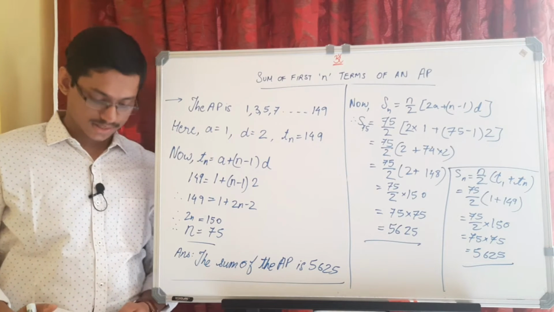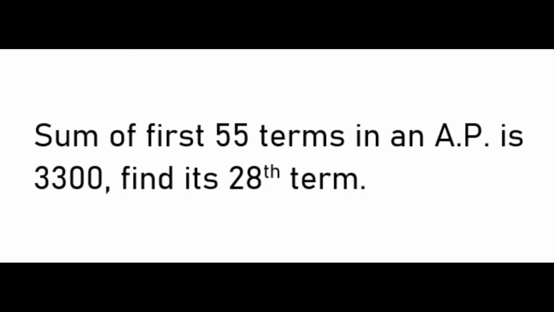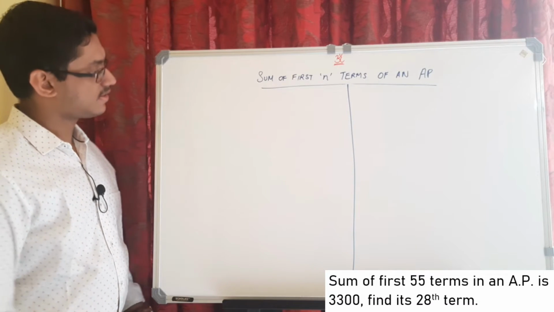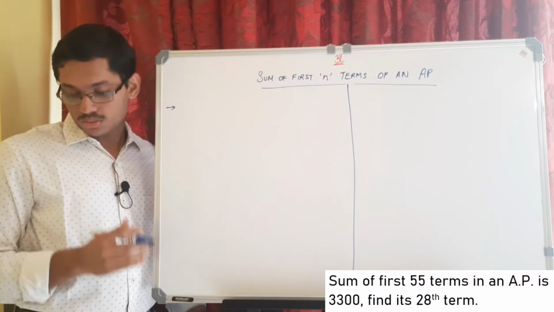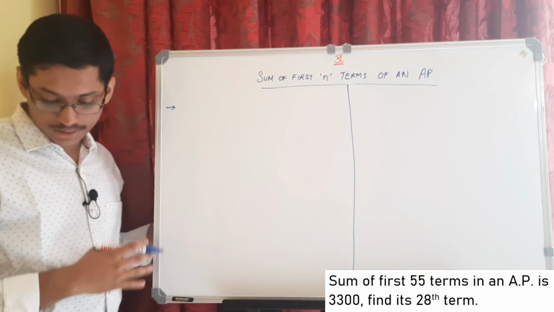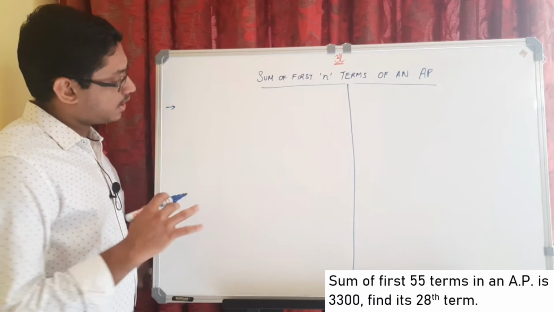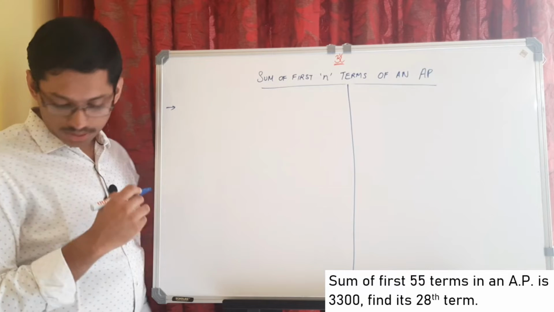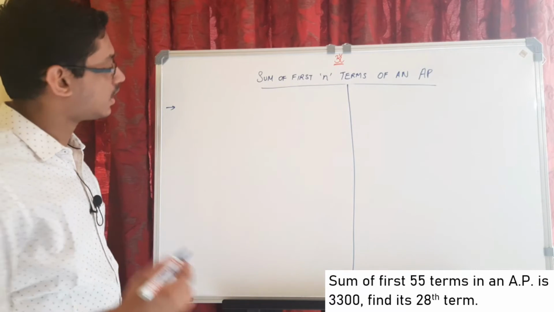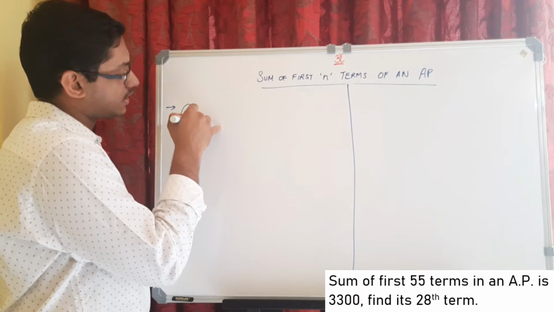The question says the sum of the first 55 terms of an AP is 3300. Find its 28th term. Let's see the answer. So we have to first write what are the given things. Given: the sum of the first 55 terms of an AP is 3300. So directly write given.